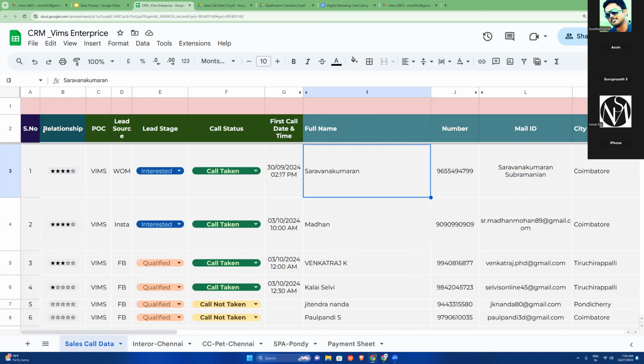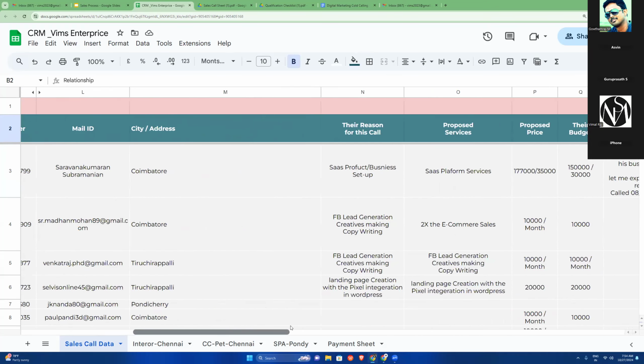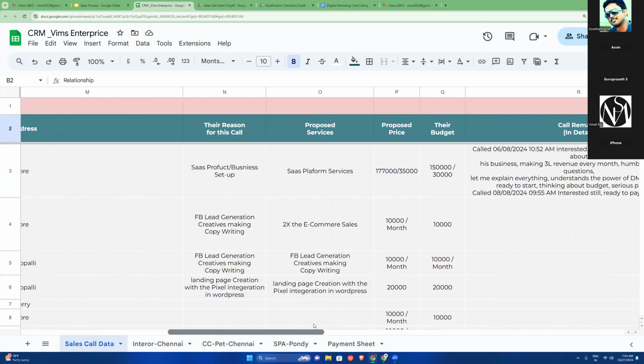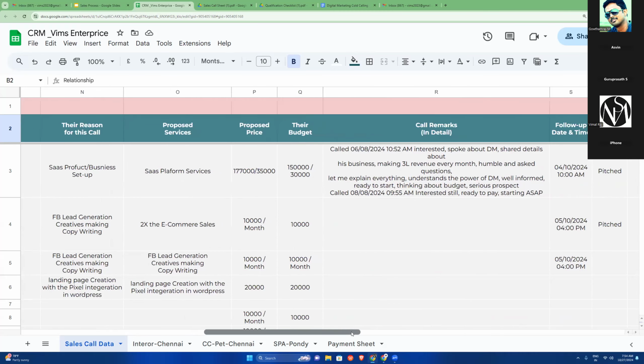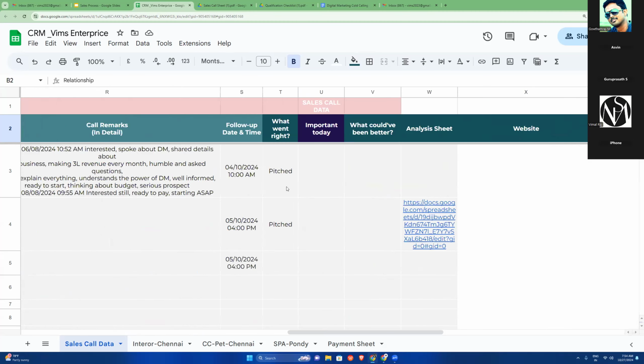For example, in this tool it includes the relationship between the customer and my side, who is the salesperson, what is the customer information, who is the customer and what is the location, what products they want, the leads or services, how much price will be quoted, what is the budget, what happens during the call, and what the follow-ups are. It's the complete flow of the customer base.